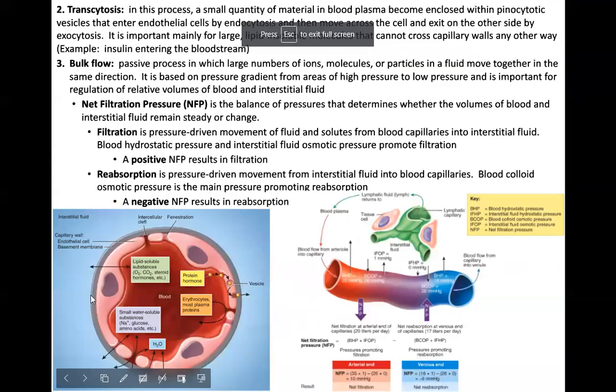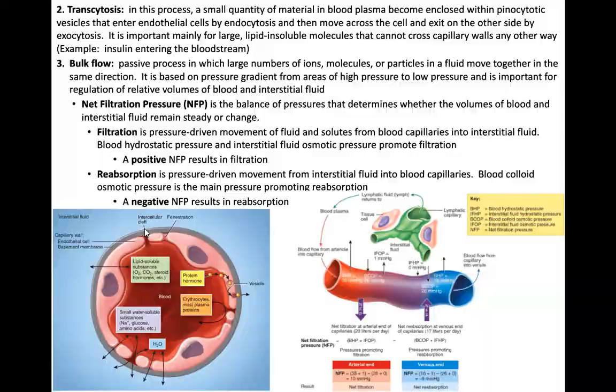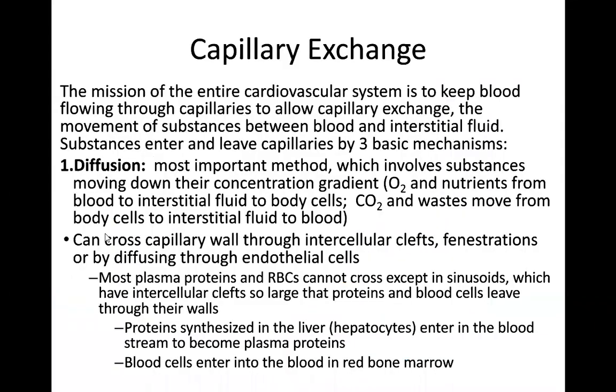This is an example of one of those where we see those intercellular clefts, little tiny holes for stuff to pass through. But we also can do movement by moving the stuff through the cells altogether, which means they actually have to go through the plasma membrane into the cell and then out the other side through its plasma membrane.